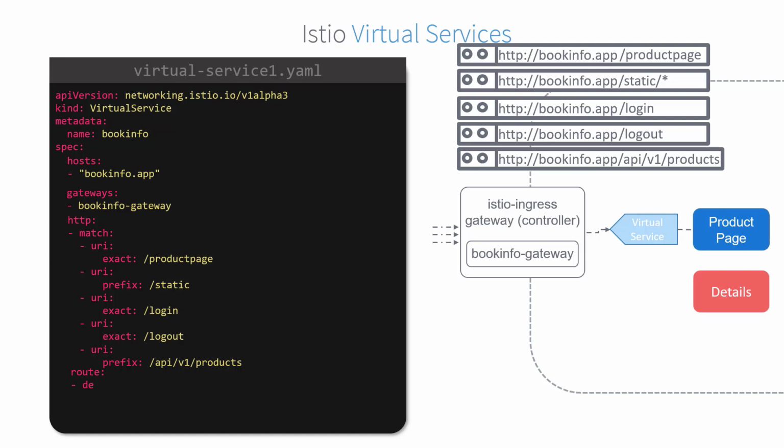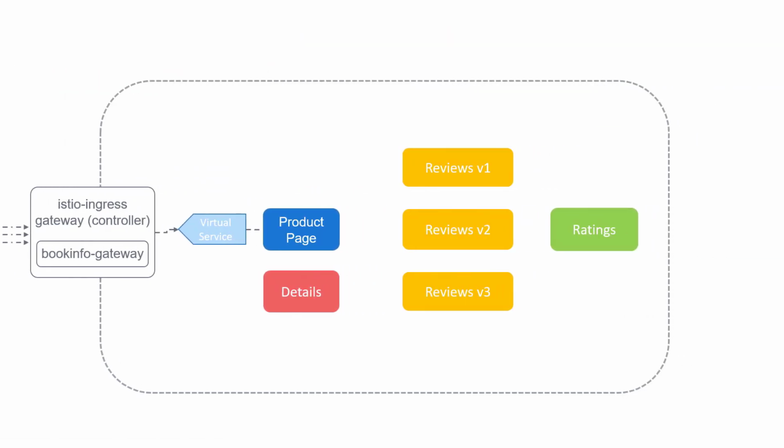All of the traffic matching these URI patterns is then routed to the destination specified in the route section. So, we now have a virtual service for productpage. All traffic coming in through the bookinfo-gateway with the hostname bookinfo.app now hits this virtual service.